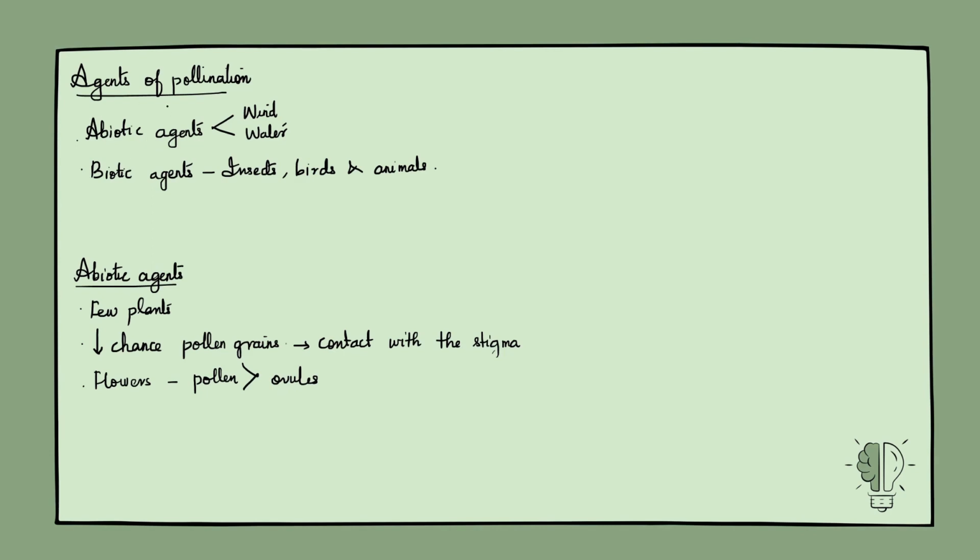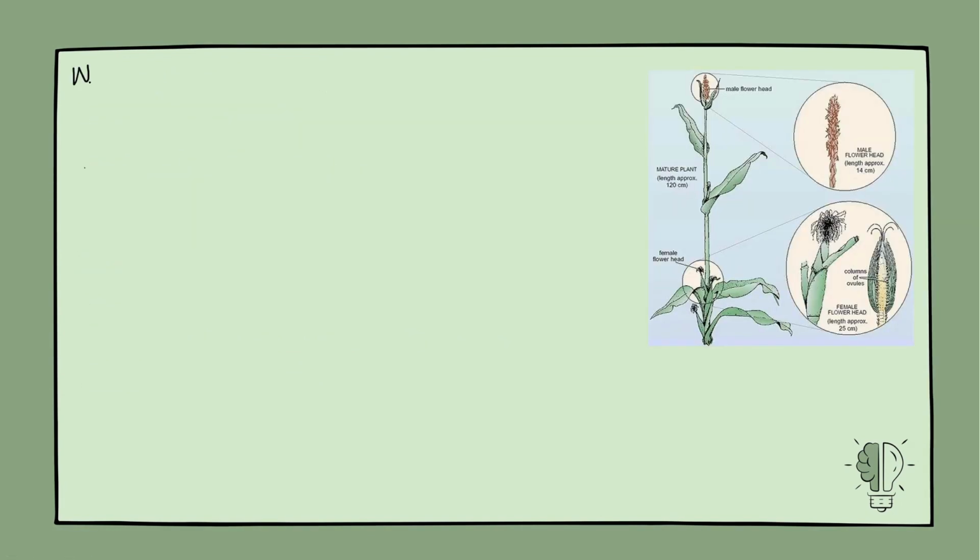Now, let's see the pollination by abiotic agents. Let's first begin with wind pollination. Wind pollination is the most common type of abiotic pollination. The wind-pollinated flowers will have some common features, and let's see what they are. First, the stamen of wind-pollinated flowers will be well exposed.